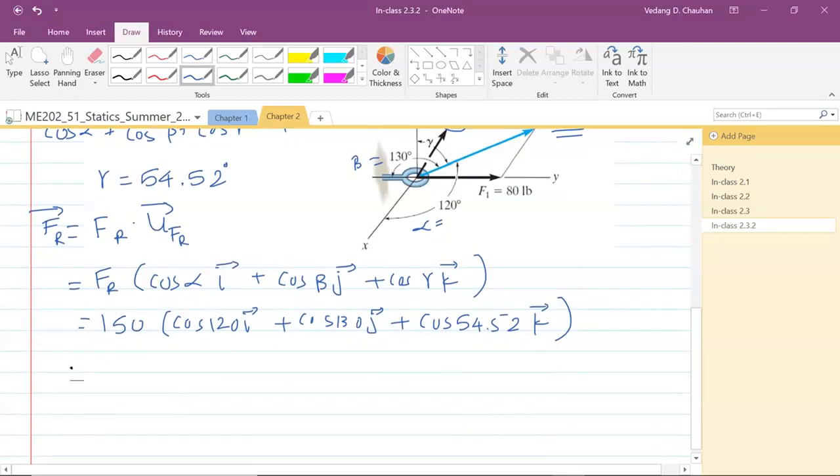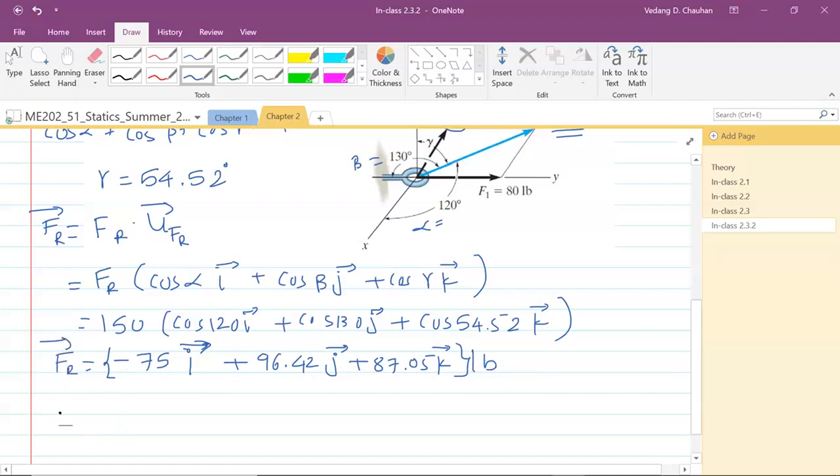Okay, so when we multiply 150 with each one of these components individually and make sure that the i, j, k components are separate, we get minus 75 i plus 96.42 j plus 87.05 k, and we get this resultant force, Fr.